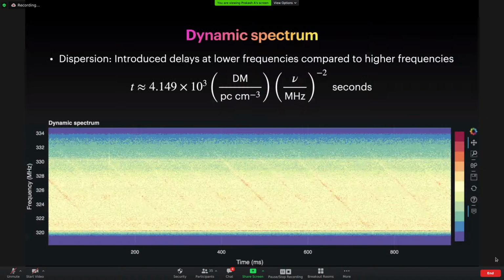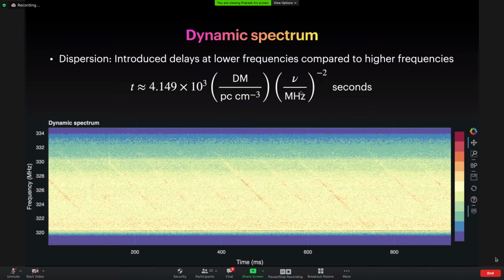Okay, now dispersion itself, as I explained, delays the lower frequency signals compared to the higher frequency, and follows this particular form, where compared to infinite frequency, the delay of the signal at a particular frequency nu, expressed in megahertz, is according to this modified formula.